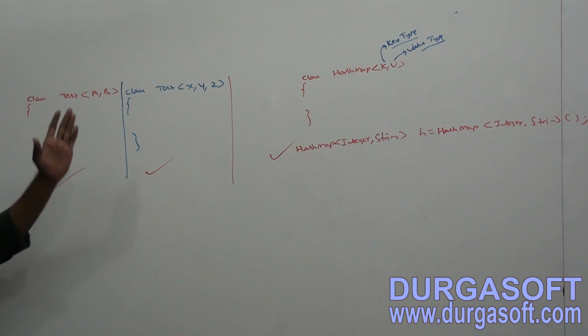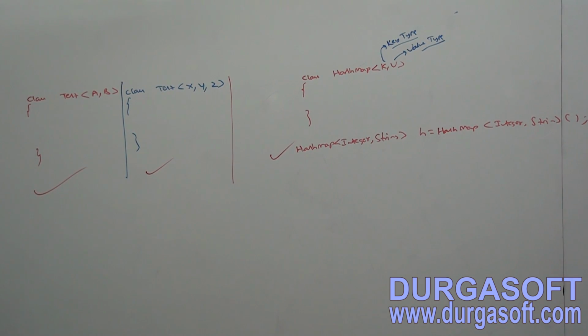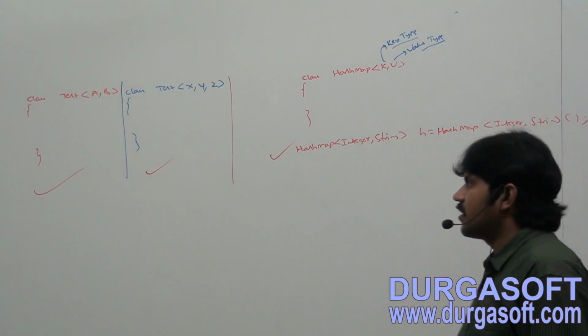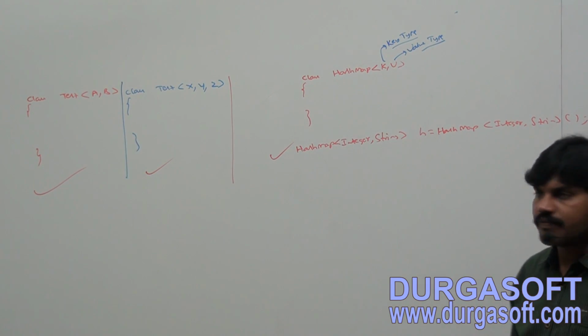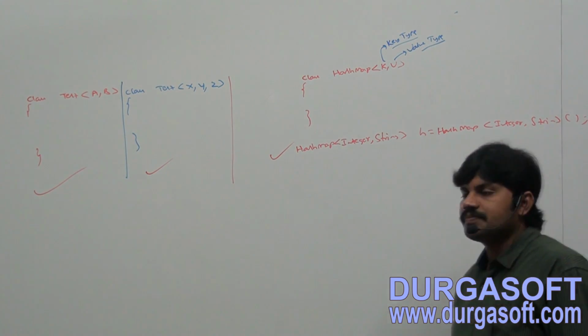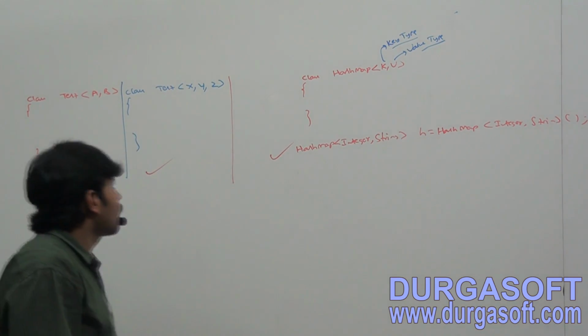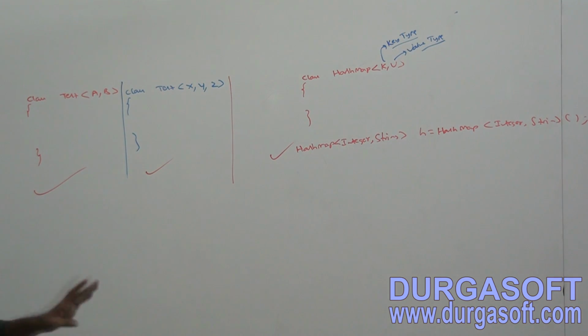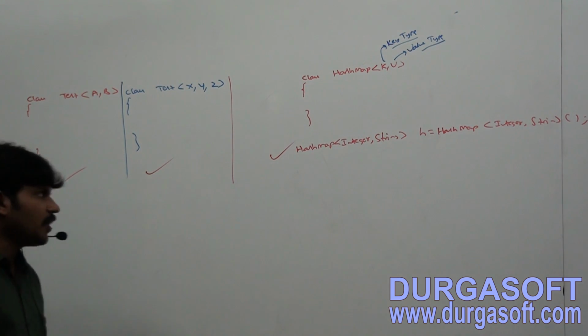Okay, take all. Examples: class Test of A comma B valid. Next, class Test of X, Y, Z. Next, class HashMap of K, V, where K means key type and V means value type.